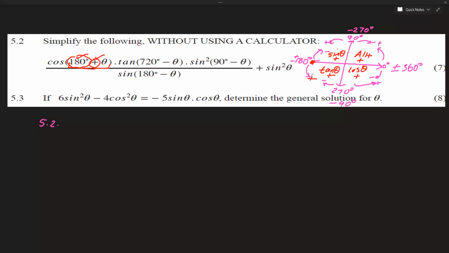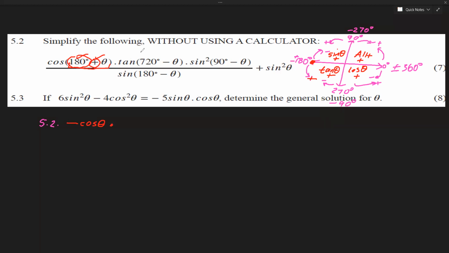Remember we said when we go down, we add in, right? So I'm in the third quadrant, and I know that cos is going to be negative in this quadrant. So I'm going to change it to negative cos theta, right?